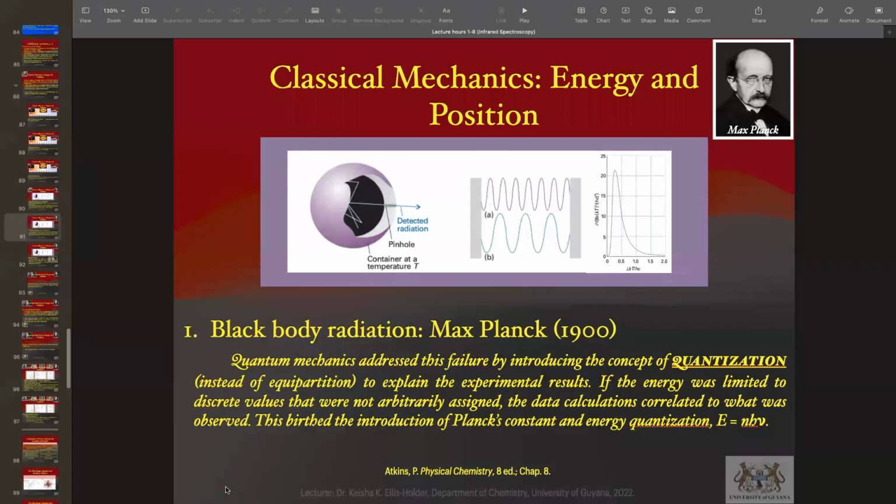If this energy is selectively accessible to the object, then that would explain why only certain objects under certain conditions would glow, and other objects, or the same object when the conditions are changed, wouldn't glow.